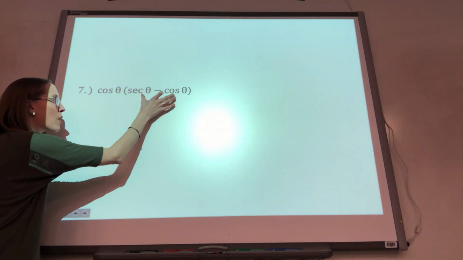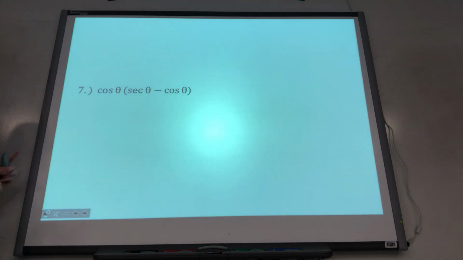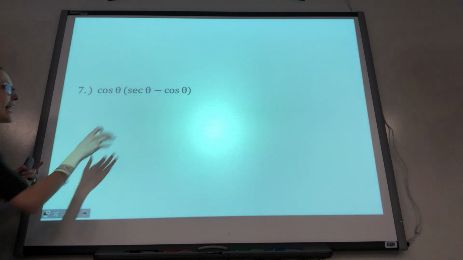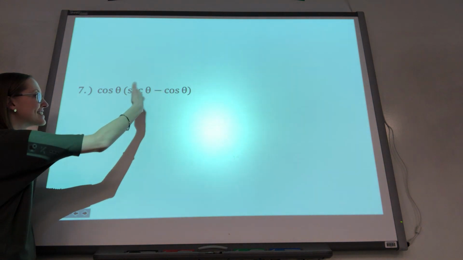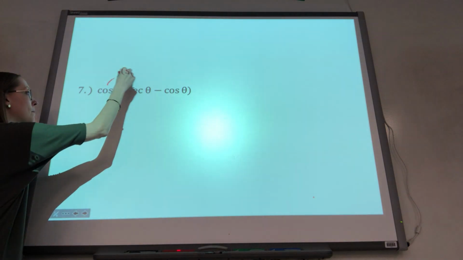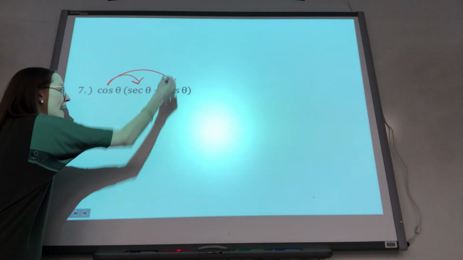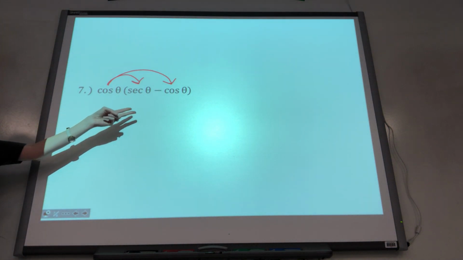Well, on this problem, what we have in parentheses is definitely not a Pythagorean identity. And in fact, it's not really matching up to any of my identities. So I am going to go ahead and distribute on this problem. And I'll tell you what I see right off the bat.